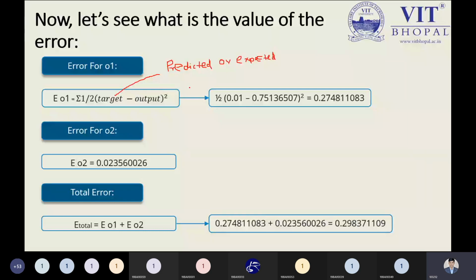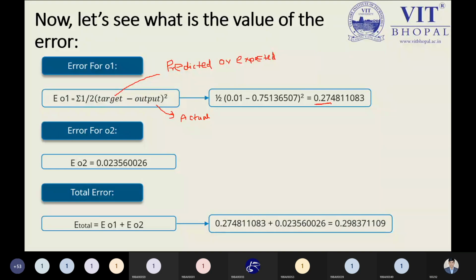From this perspective you will be able to see, and this output means the actual output we are getting. So if I put all these values in, I am getting the error at our node O1, that is 0.2748.